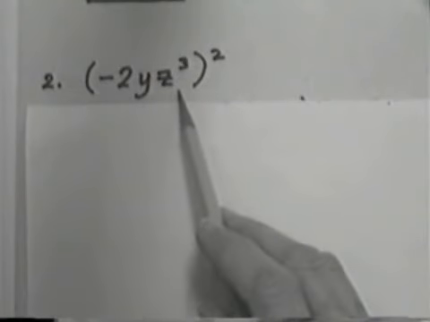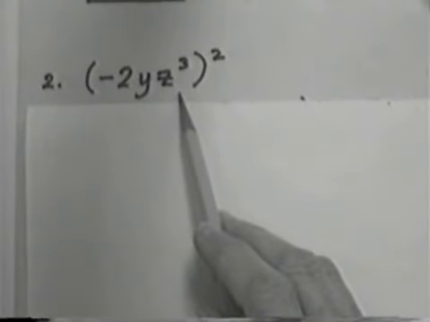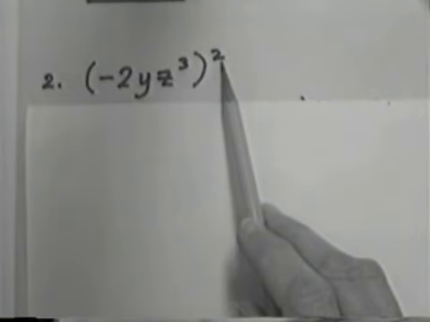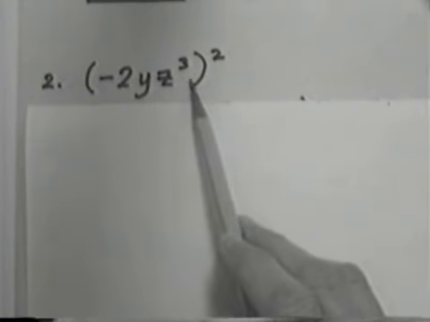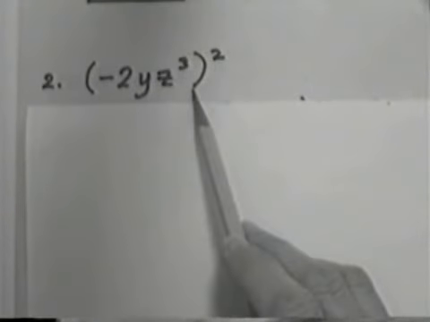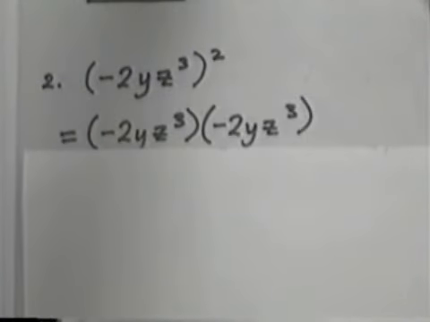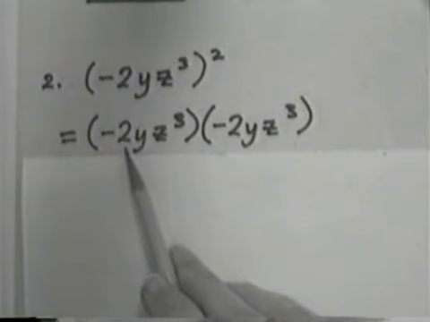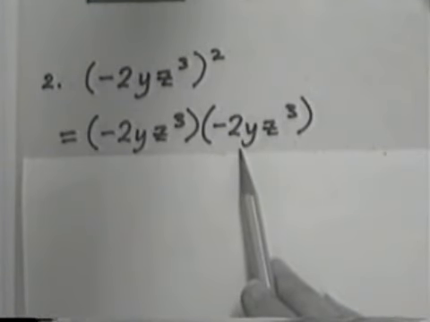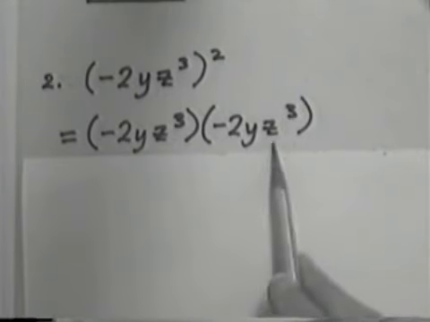Now, we have a choice. We could either work inside the parentheses, as we customarily do, or we can let the exponent outside tell us to use this entire base as a factor twice. Let's take the big picture and use the exponent 2 to tell us to write this entire expression twice. So we'll write, in parentheses, negative 2yz to the third times another set of parentheses with negative 2yz to the third.